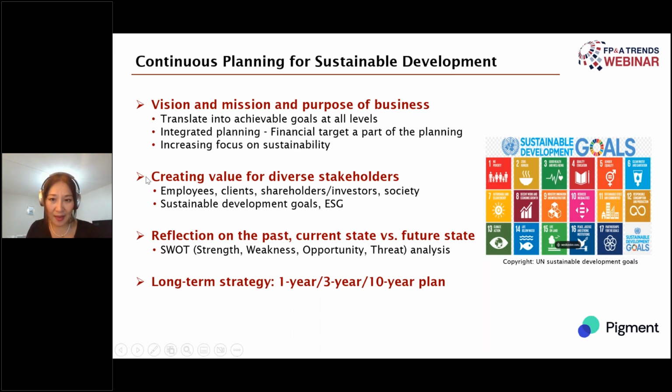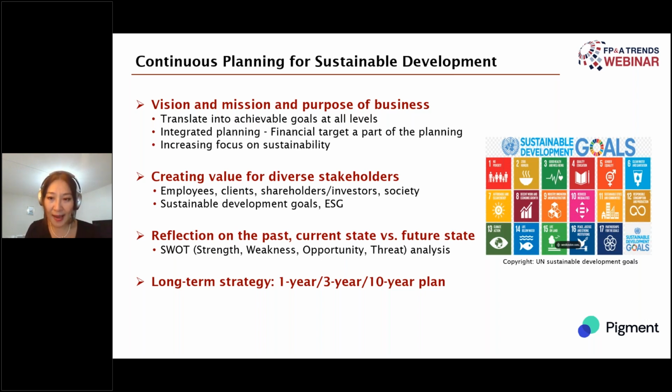It's worth noting that more and more companies now are including sustainability, ESG, environmental, social, and governance aspects, in the planning process. Sustainability is a natural part of our business, and it's a part of our client offering. We take a systematic approach to sustainability and measure our success against the targets.